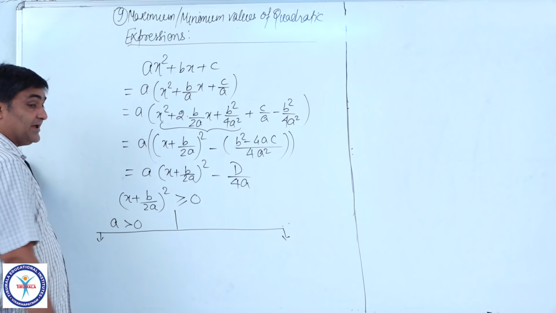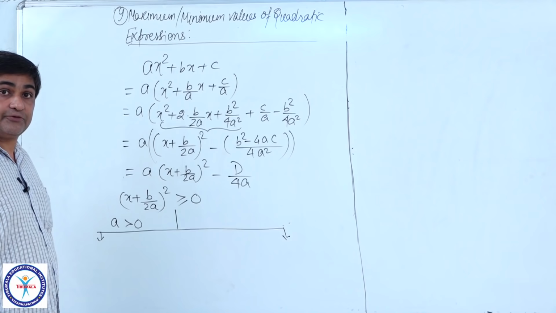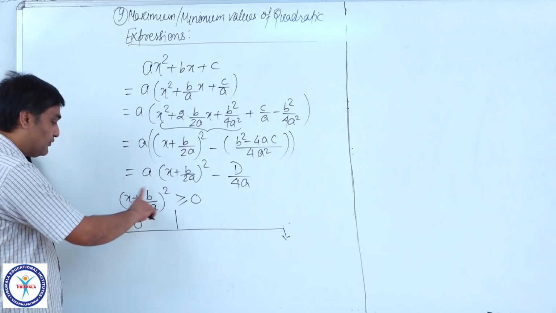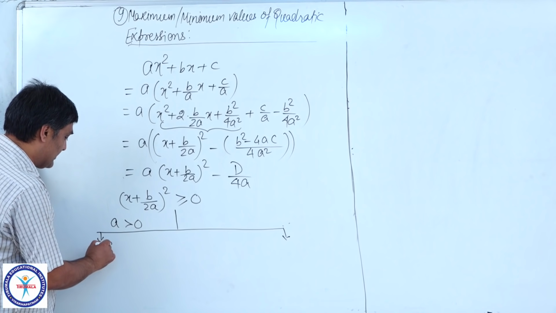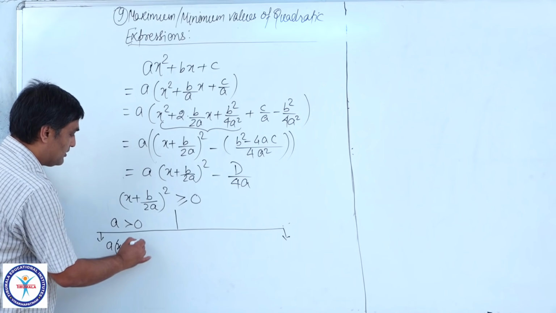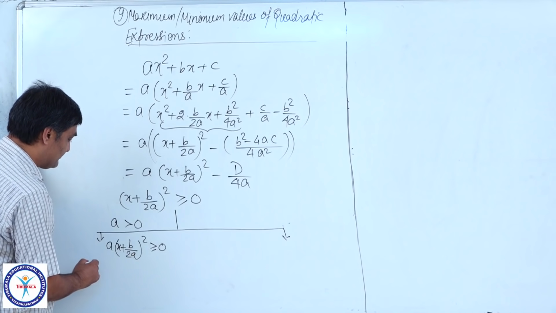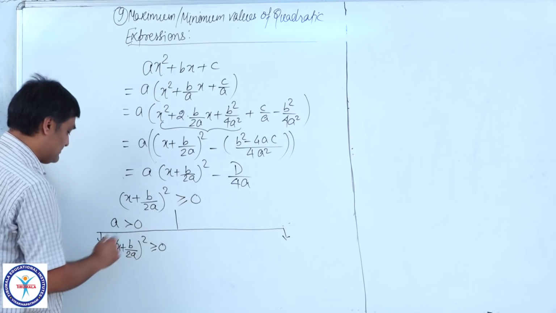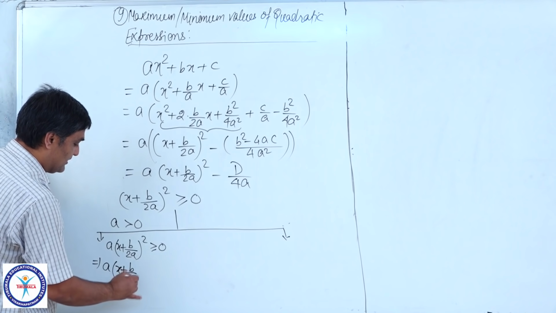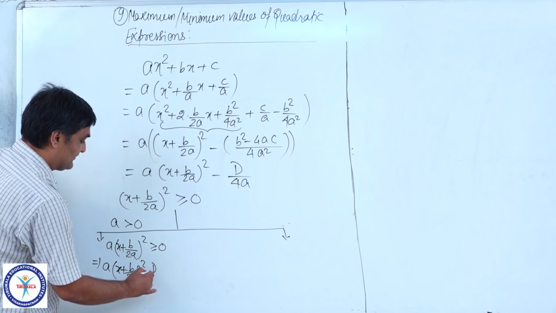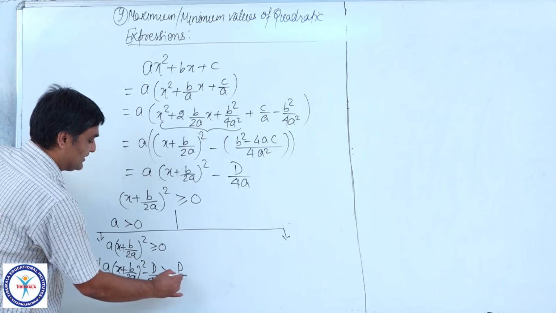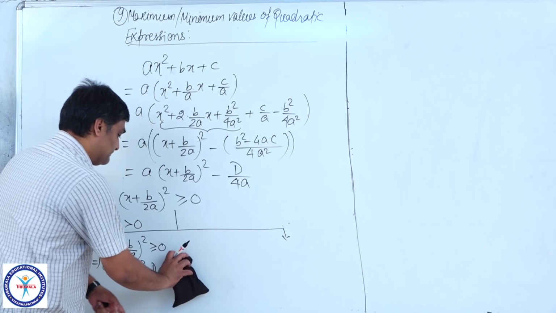If a greater than 0, means the coefficient of x square is positive. So, multiplying by a won't change the inequality. So, a x plus b by 2a whole square is greater than or equal to 0, and this is a x plus b by 2a whole square minus d by 4a is greater than or equal to minus d by 4a.